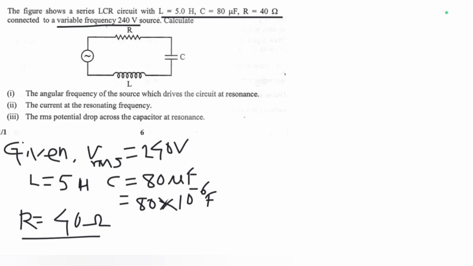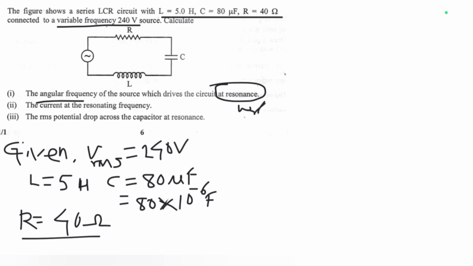You can see there is one circuit where the resistance, capacitance, and inductance are connected in series. So it is an LCR circuit. Here we have to consider some conditions at resonance, because this is a question for 3 marks and you have to find three parameters. First is the angular frequency at the condition of resonance, that is omega r.